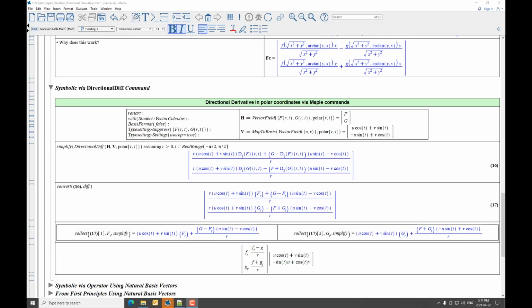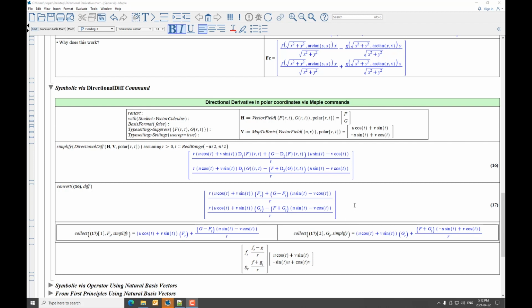So far we've been working with unit basis vectors because that's what Maple uses in its vector calculus package. But the calculation is really supposed to be done in differential geometry using the covariant derivative.